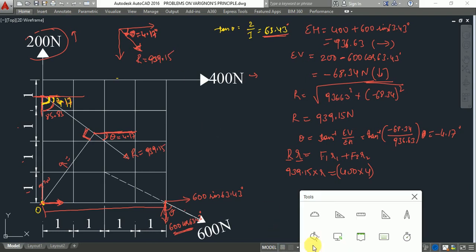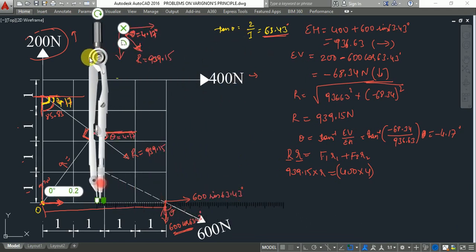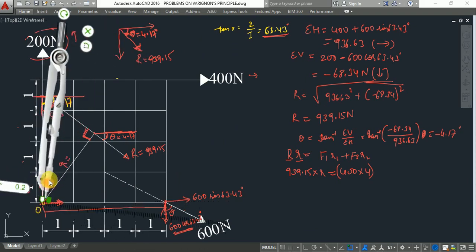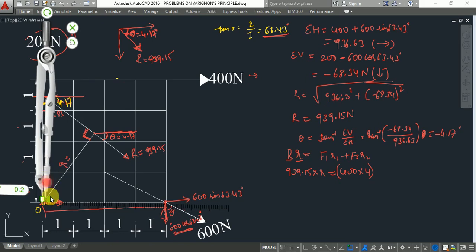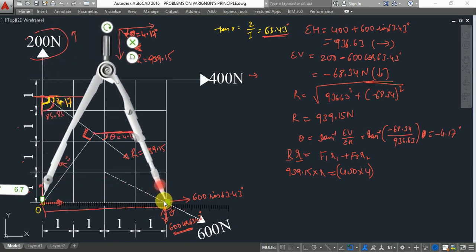So at least in childhood you might have used this instrument. I will use this instrument only to explain here. I have kept the first point on the chosen position. The next point is where the force is acting.